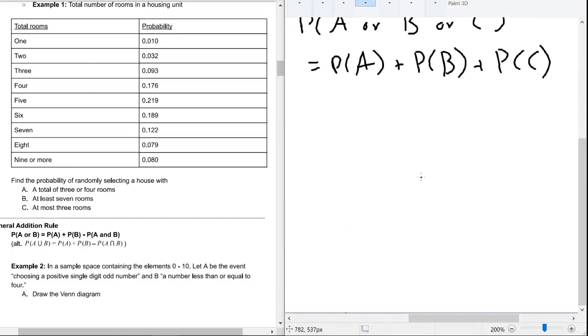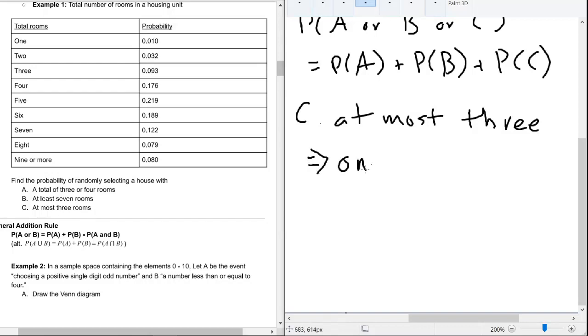And if you take part C the same way, at most 3, well, that means that we have 1 or 2 or 3.